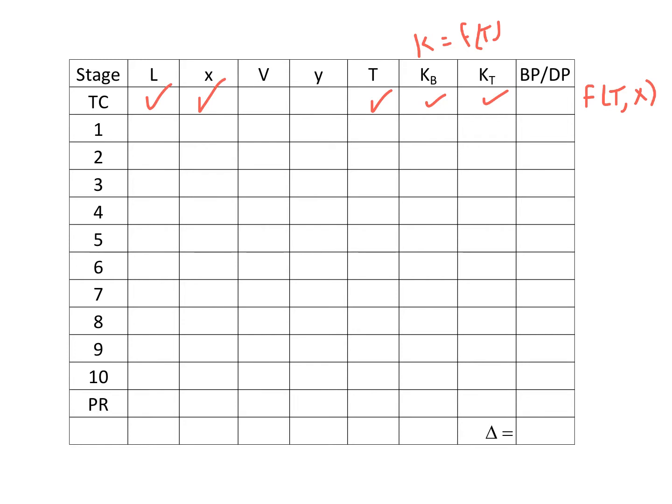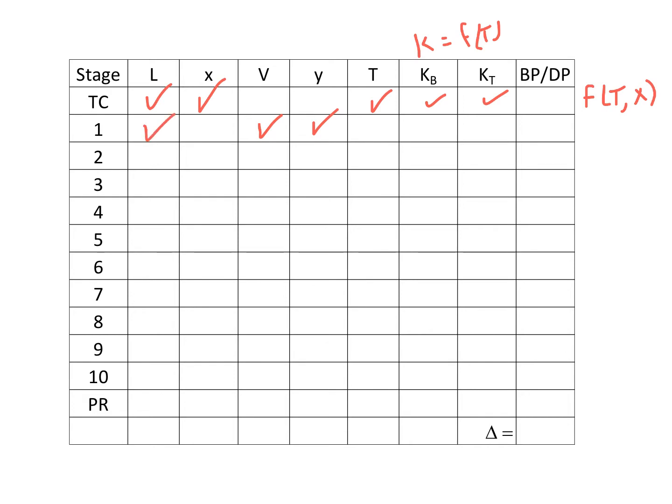For the next stage, stage 1, we can calculate the vapor flow rate as just the sum of the liquid leaving the total condenser and the distillate. So that can be calculated. The Y value has to be the same as the X value leaving the total condenser, or the distillate composition, so we know that. The liquid flow rate can be determined from an overall material balance.